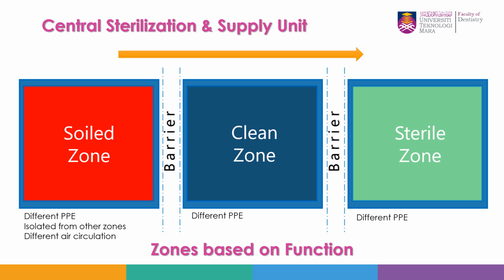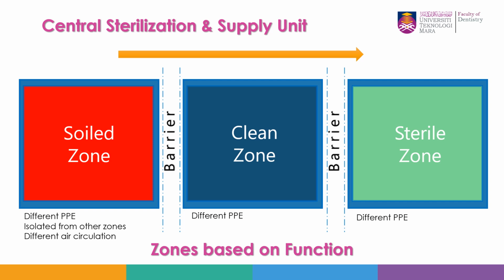You can see in between the soil and clean zone there is a barrier, so you cannot just walk into the clean zone. The people who are working in the soil zone will stay in the soil zone. If they want to move to the clean zone, they have to change their attire.